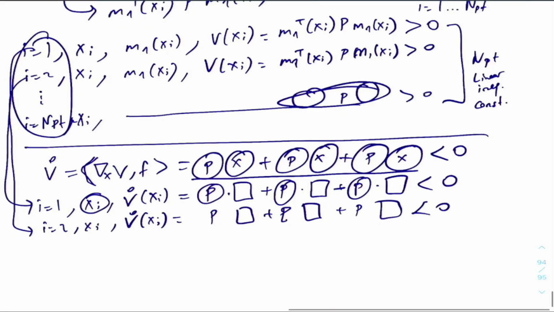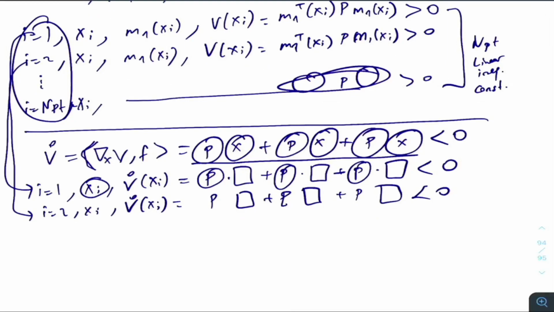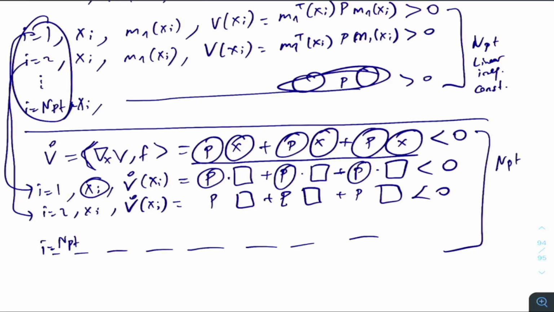You again impose those for i equals 1 to n point. Again, those n point linear inequality constraints.